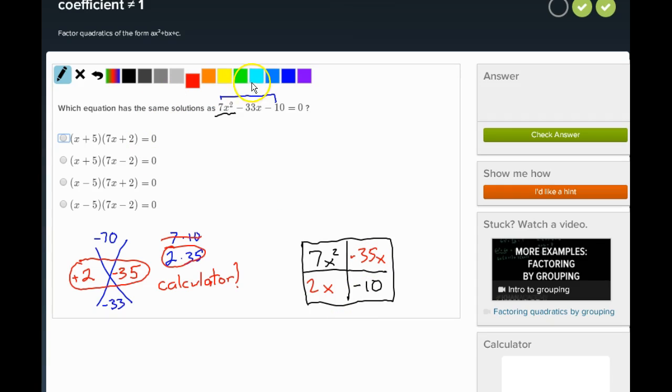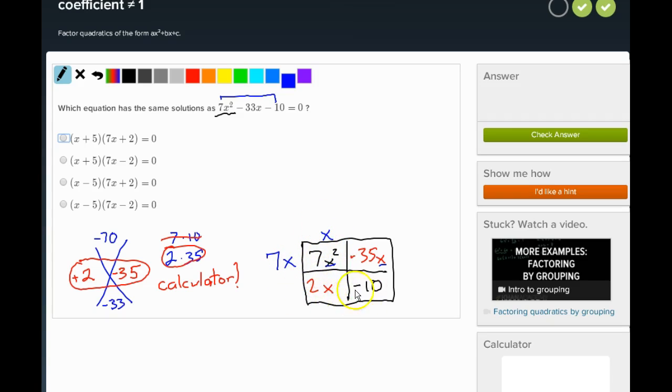And do some factoring. So what's the biggest number that goes into 7 and 35? You'll get 7. And then they both have an x, so let's take that out as well. And then the biggest number of 2 and 7 is just 1, so nothing to take out there, but they both have an x. So we can take out an x, and then you can check, does 7x times x equal this? And it does.